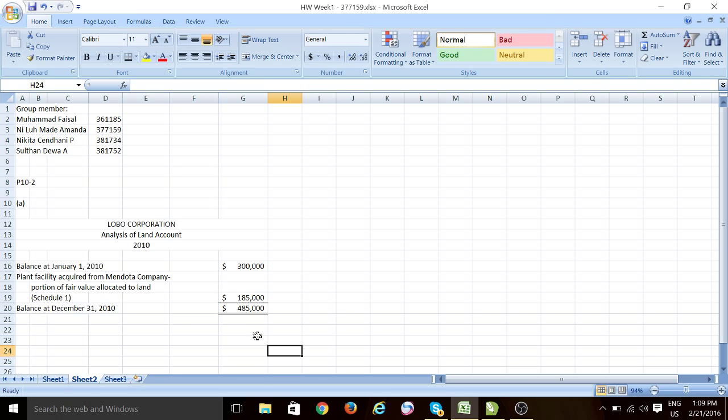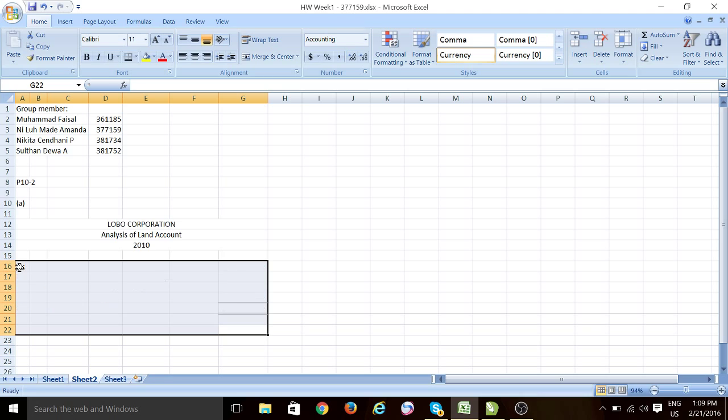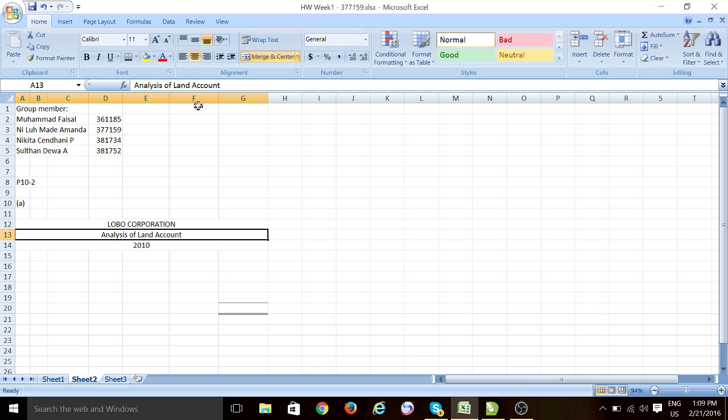Now we are going to analyze the land improvement account. I'm going to delete this and just change the name of the account. Analysis of land improvement account.